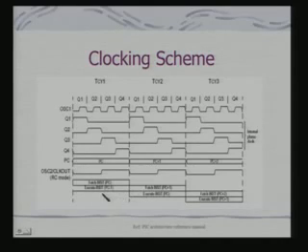Similarly, when I am fetching the instruction pointed to by PC, I am executing the instruction pointed to by PC minus 1. This is how the instruction execution takes place, and what you really realize is that in one cycle, one instruction gets executed. Is this clear?